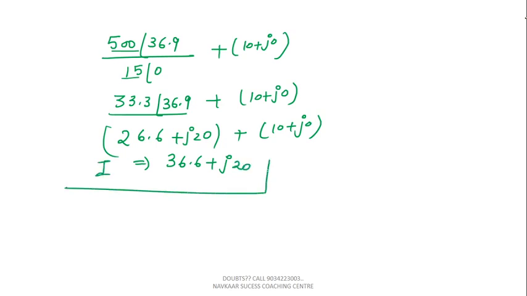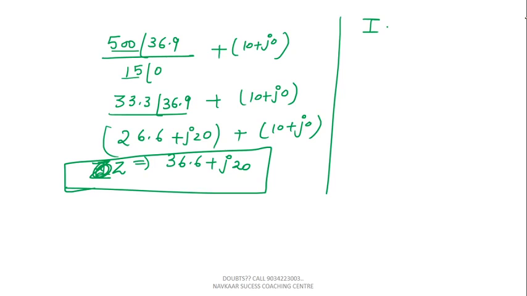This is the value of impedance, the total impedance, because we have calculated the total impedance now. Now we need to calculate I equal to V divided by Z. V was 100 angle 20, as given in the question.